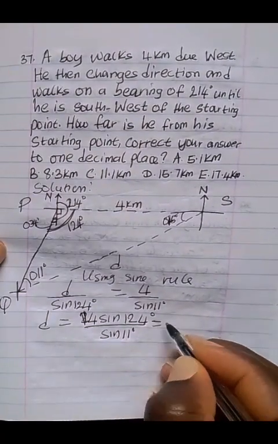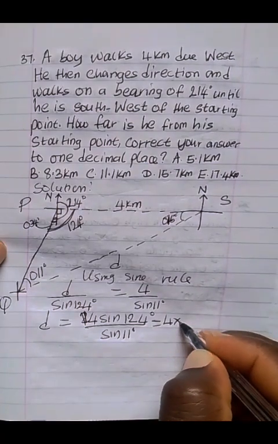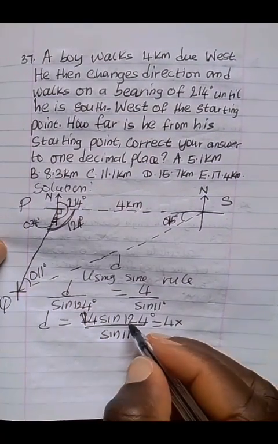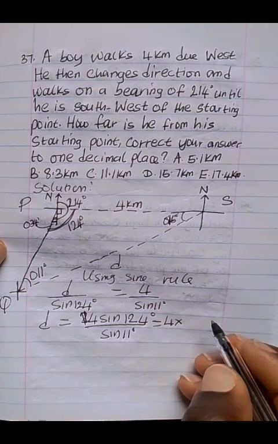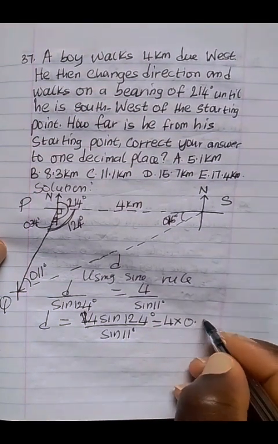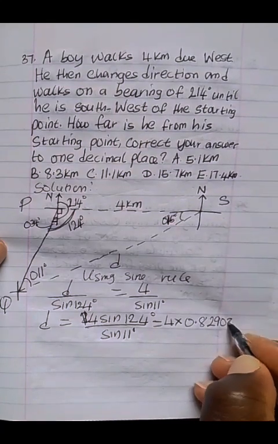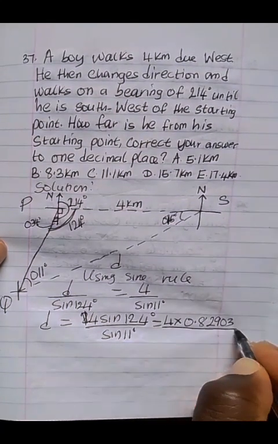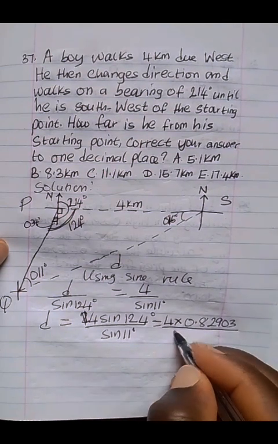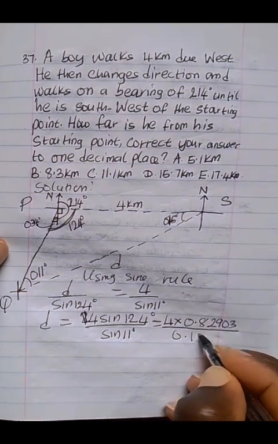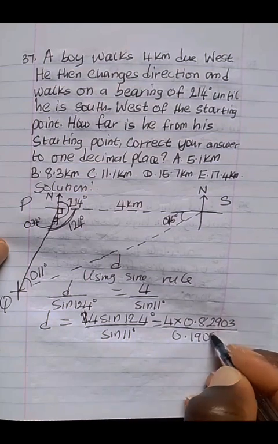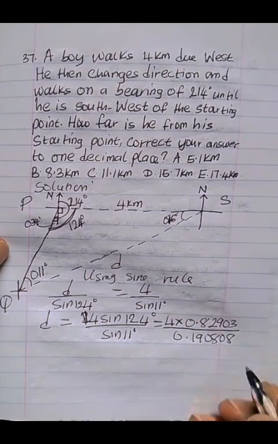This is equal to 4 times, if you check the sine of this value, you have 0.82903 all over sine 11, 0.190808.